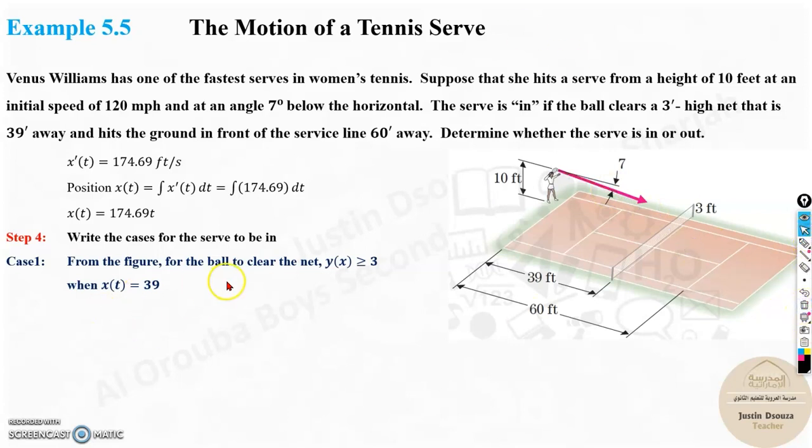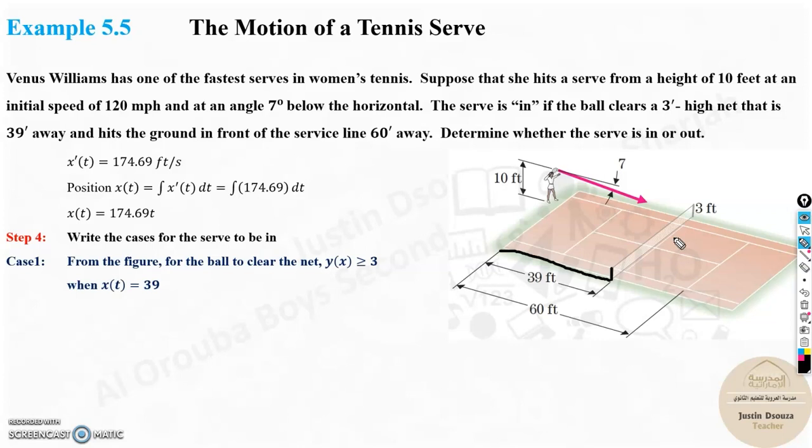So from the figure, for the ball to clear the net, what they have told is the height must be greater than 3 feet when the horizontal distance is 39 feet. What is the vertical distance? 3 feet. It must be more than 3 feet. Why?